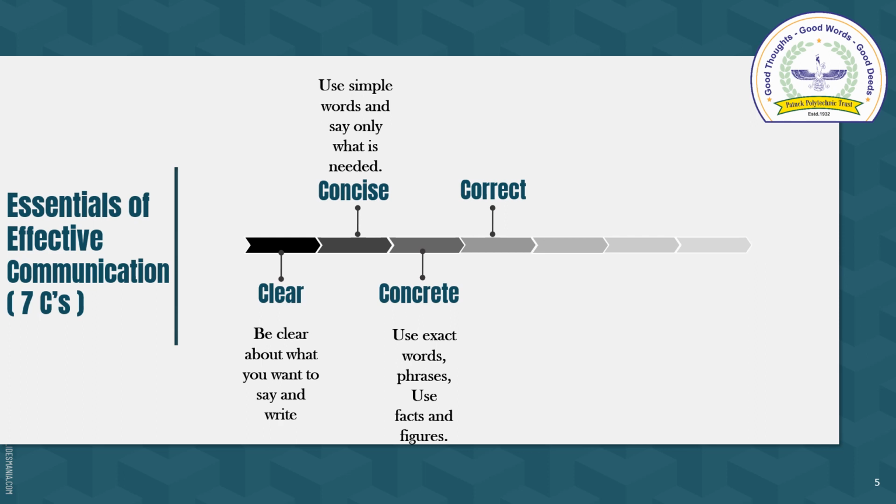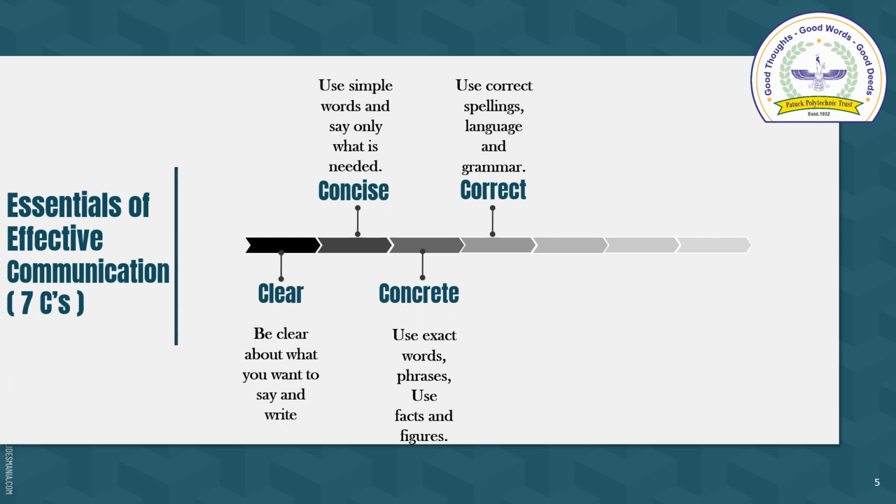The next one we have is correct, or people call it as correctness. Correctness. Here it says use correct spellings, languages, and grammar. Proper grammar, proper punctuations, and proper spellings are an integral part of business communication. अगर प्रॉपर ग्रामर नहीं रहेगा, प्रॉपर स्पेलिंग्स नहीं रहेगा, then definitely it will influence effective communication.